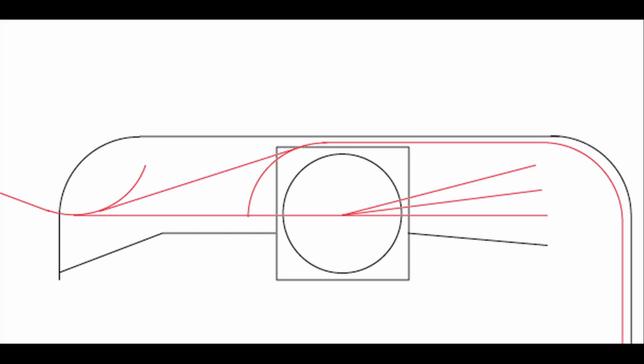This is just a system I use, basically using templates, and since I don't have proper templates, if you will, I'm simply using sectional track as a template, and that works. But there's certainly a lot of other systems for transferring your track plan from the computer onto the bench work.